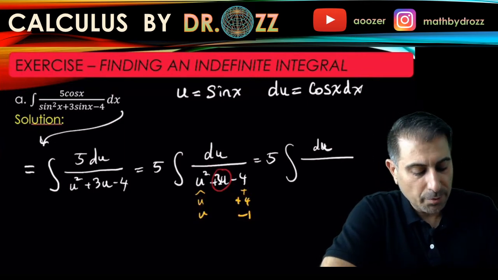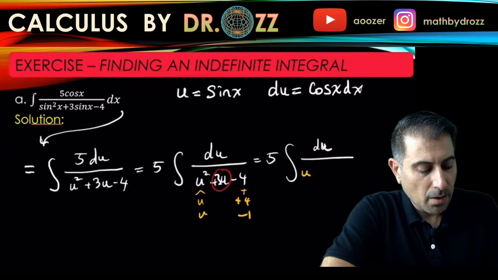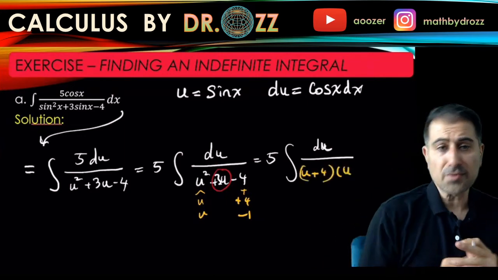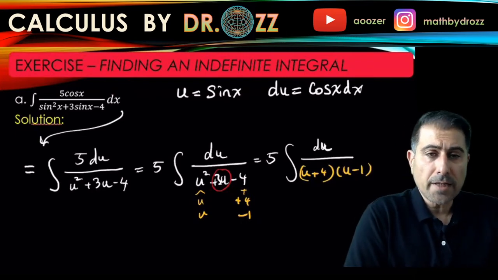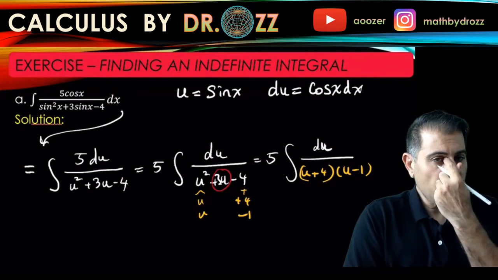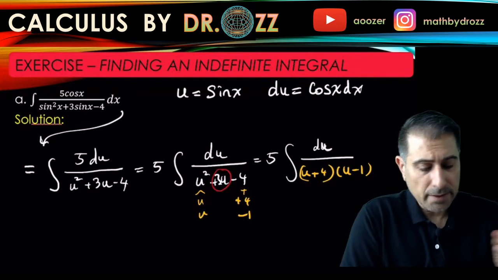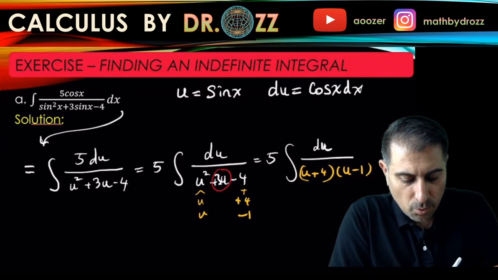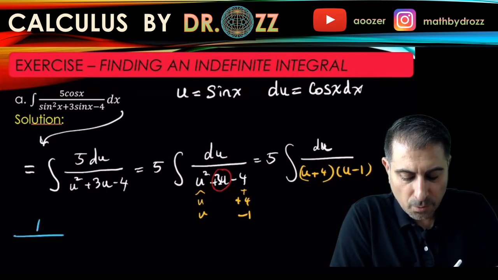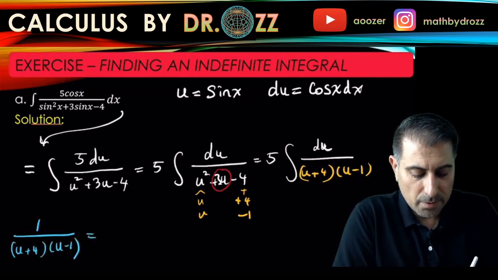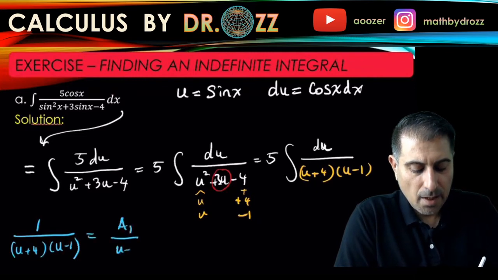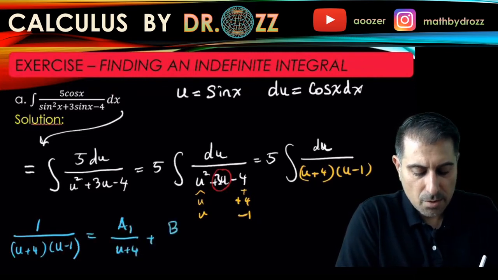Obviously, you can go with your way if you don't like it, or any other way is fine, as long as you can factor this quadratic out. Okay, so now I have the quadratic factored out. So now I want to use partial fractions to write 1 over (u plus 4)(u minus 1) in the form of A over u plus 4 plus B over u minus 1.